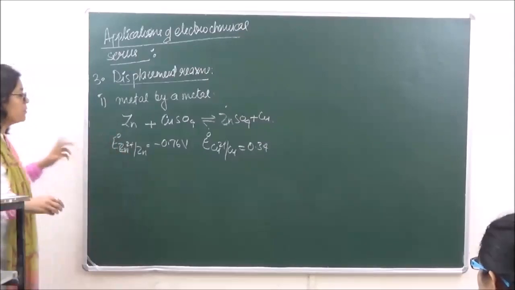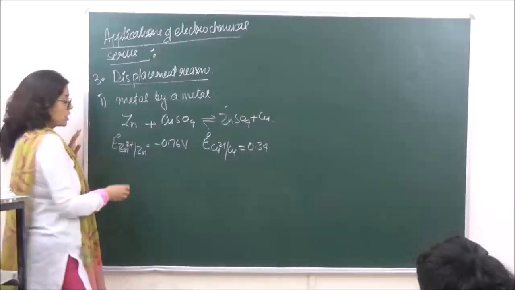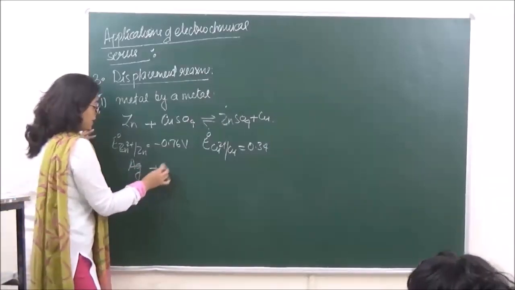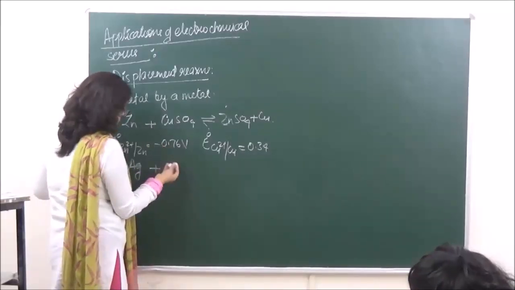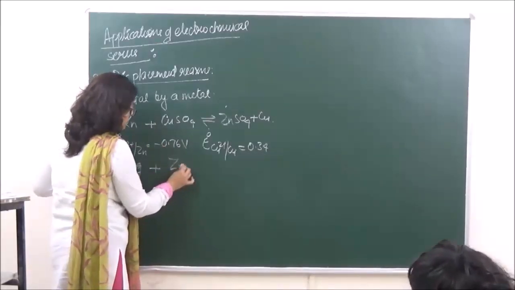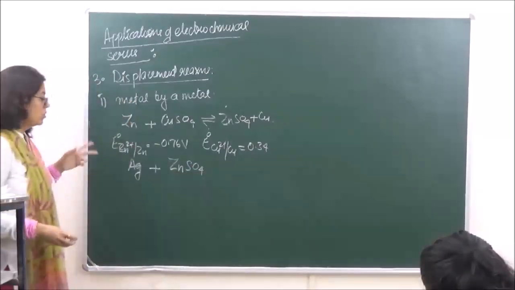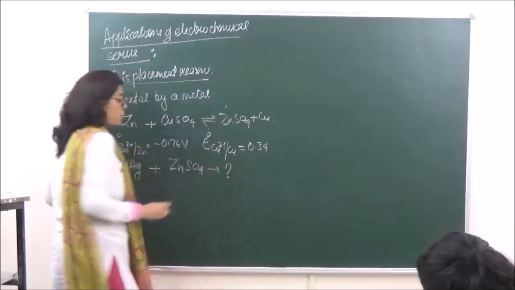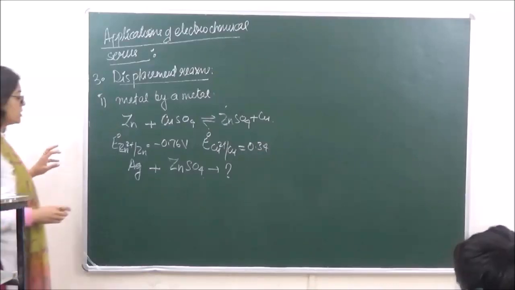Right? So another example which we can take over here, the type of questions which come to you, is a reaction Ag plus ZnSO4. Your question is whether the reaction will take place or not. How do you manipulate such questions?